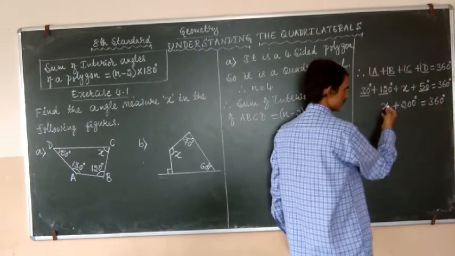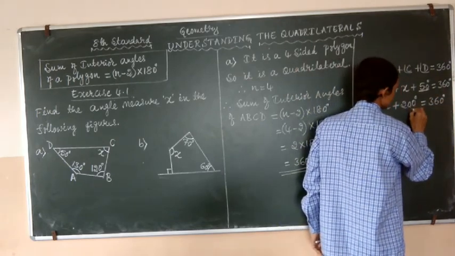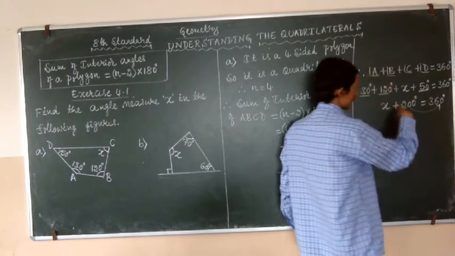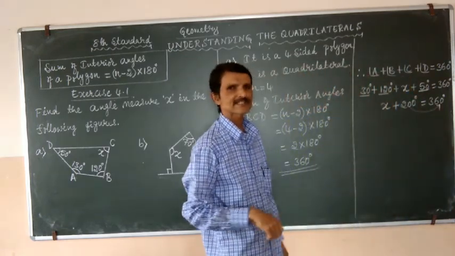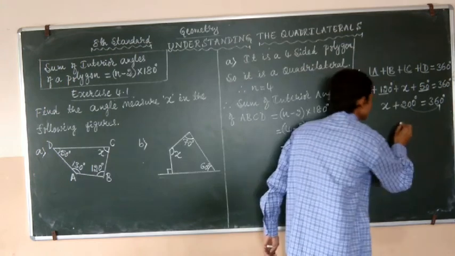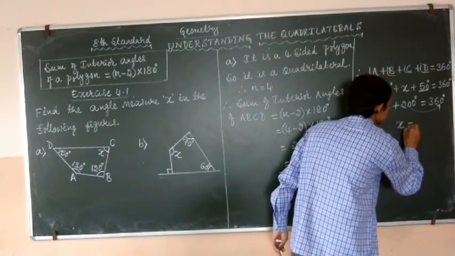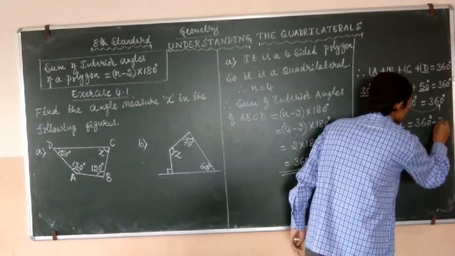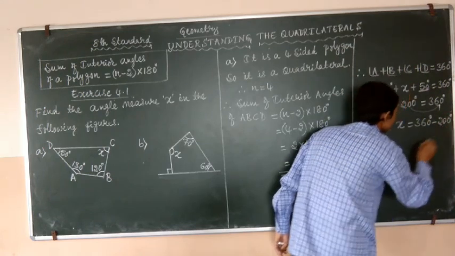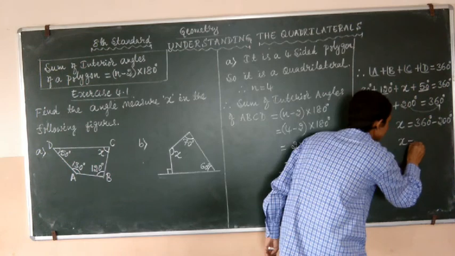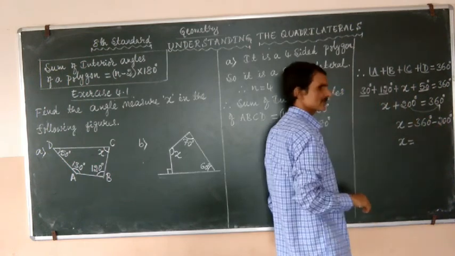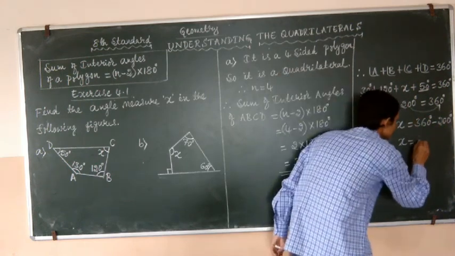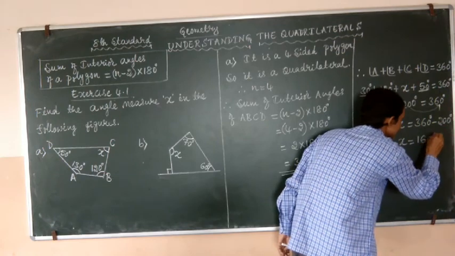So now we have to find out the value of x. Therefore, transfer 200 to the right side of the equals, and it will become x equals 360 degrees minus 200 degrees, which is 160 degrees.